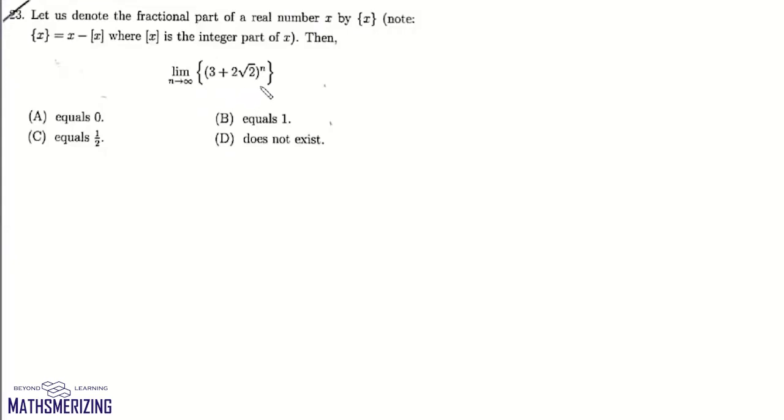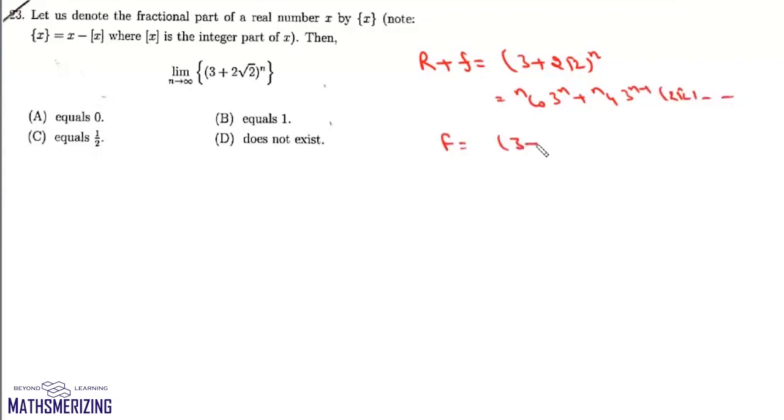Now question number 23 is, we need to find this limit n tends to infinite of the fractional part of (3 plus 2 root 2) to the power n. Now what we'll do is, we'll say, suppose its integral part is R and fractional part is f, we can write this as (3 plus 2 root 2) to the power n. Now this is nC0 3 to the power n plus nC1 3 to the power n minus 1 times 2 root 2 and so on, and then we'll consider this F, which is (3 minus 2 root 2) to the power n.